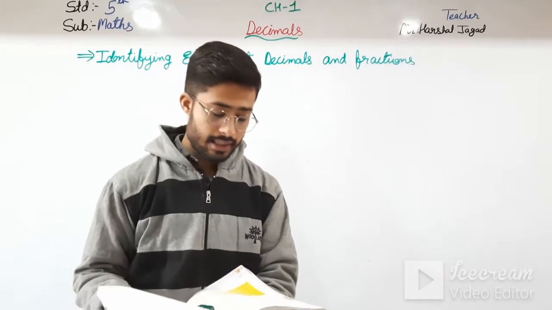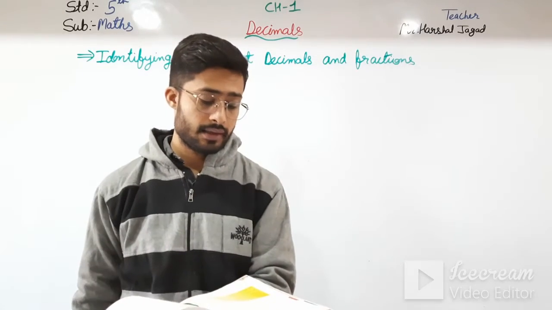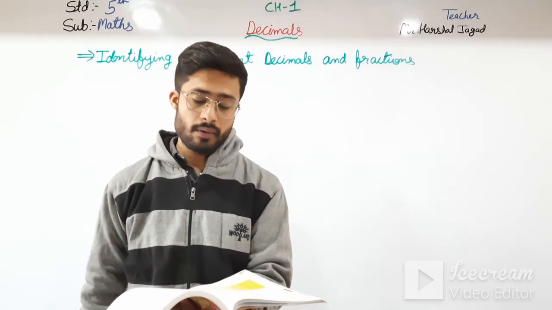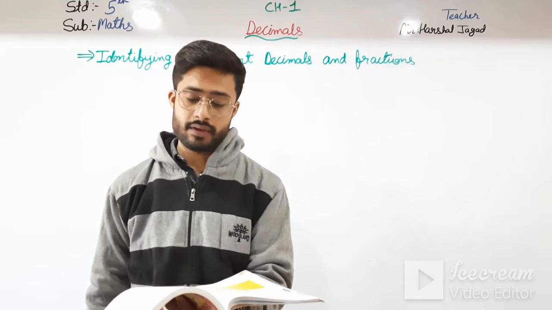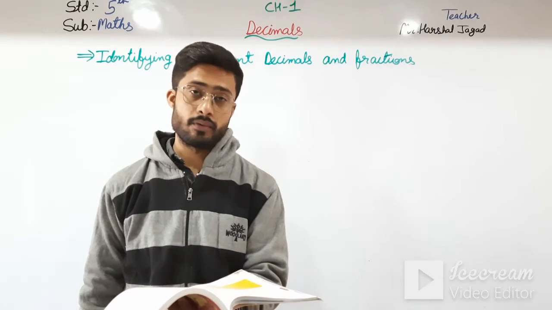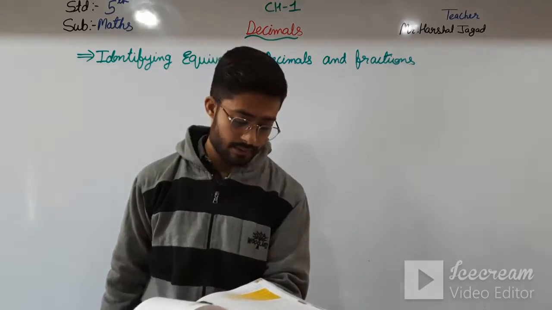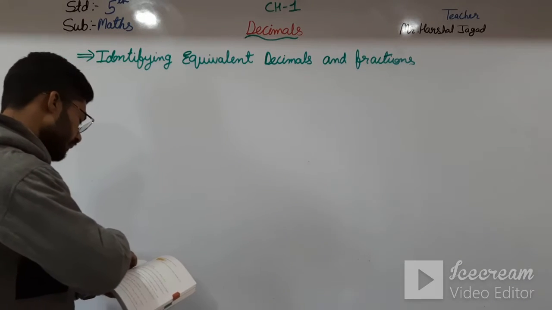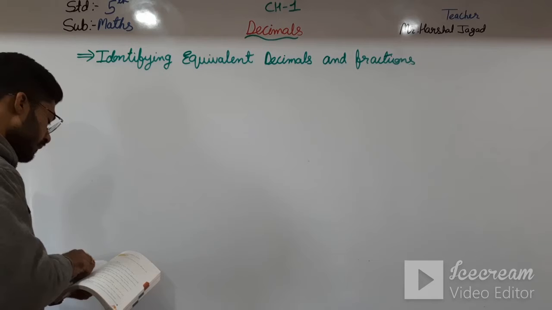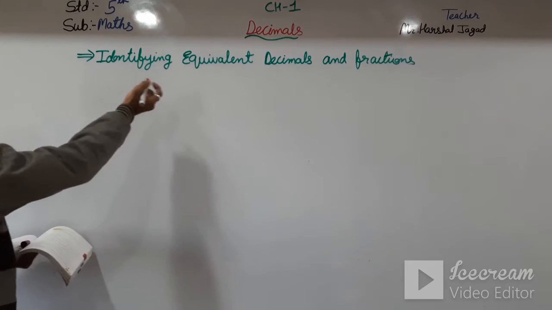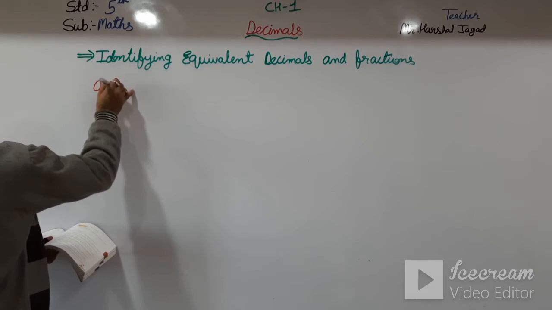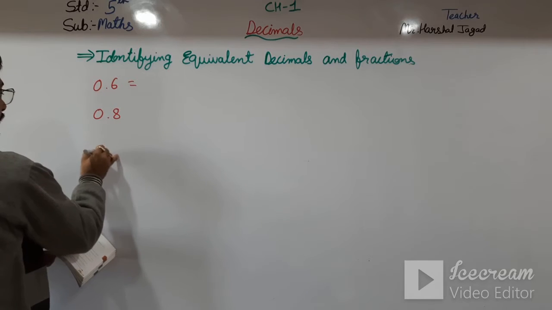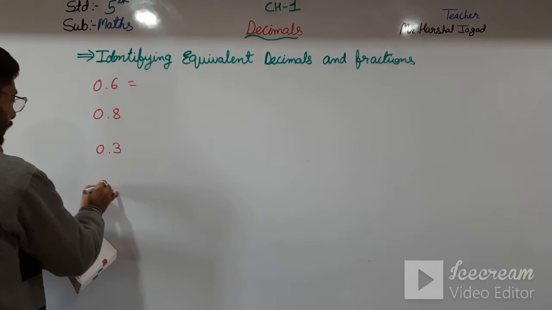Here they have given that, see here, 0.1 means what? 1 by 10. 0.25 means 1 by 4. 0.2 means 1 by 5. 0.50 means 1 by 2. 0.75 means 3 by 4. 0.4 is equal to 2 by 5. 0.6, here let us find that first of all. 0.6 is to be found, then after 0.8, 0.3, 0.7.